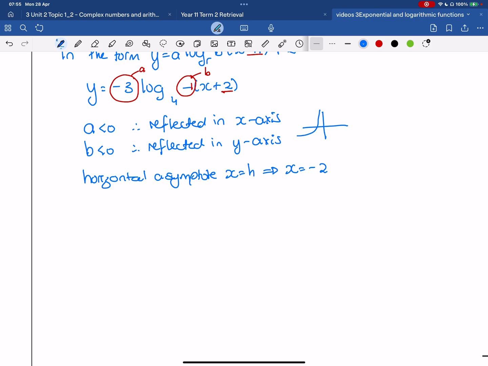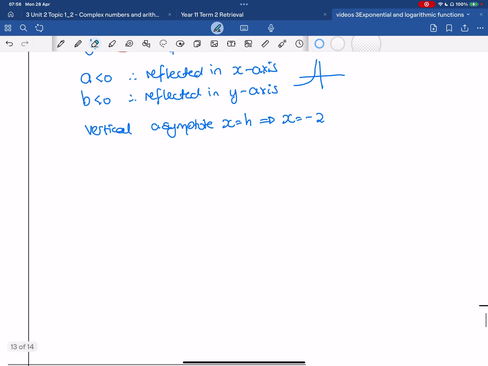Now based on the shape of that and the fact that I've got a vertical asymptote at x equals negative 2, I am not going to have a y-intercept. So this means that I'm going to have to find another strategic point, as we did with the last one. However, I am going to have an x-intercept.